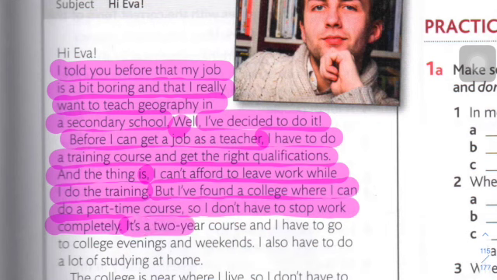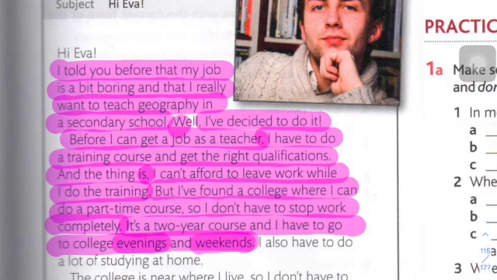It's a 2 year course, and I have to go to college evenings and weekends. I also have to do a lot of studying at home. Yes, this is normally true.